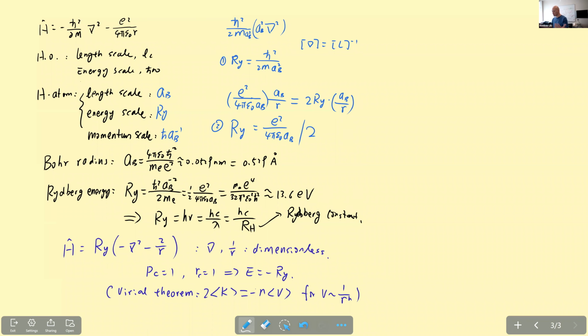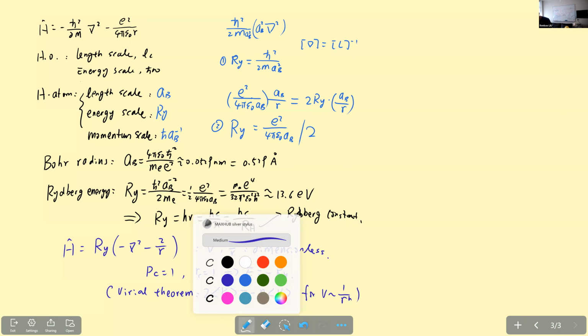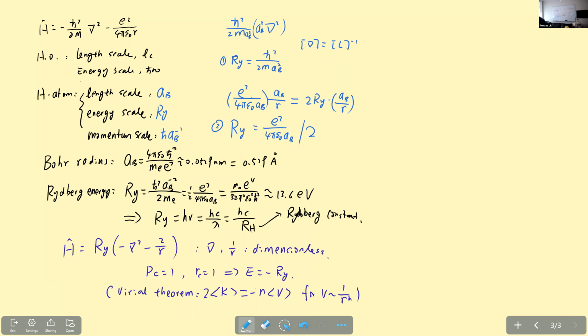This is basically the size of the atomic scale. If we talk about the size of the atom, it's roughly a few times or just similar to the Bohr radius. If we talk about energy, it's about electron volts, ten electron volts or a few electron volts. The electron volt means the energy charge times volt, about 1.602 times 10 to the minus 19 joule.